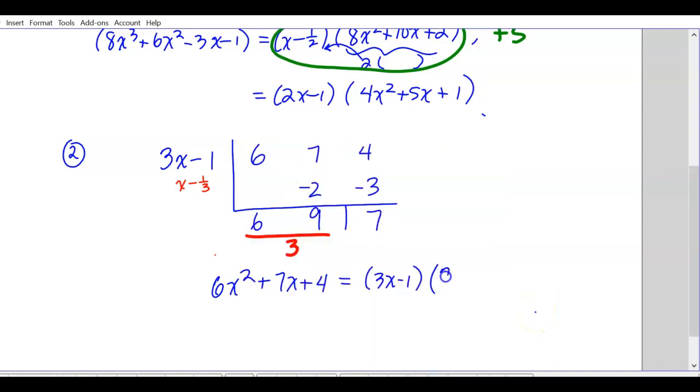And then that's going to be 2x minus 3, and then plus your remainder.